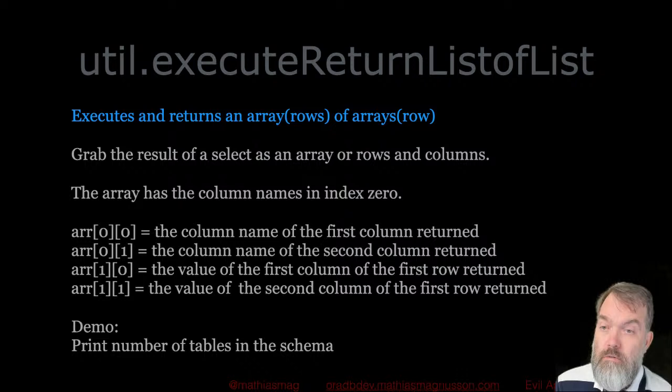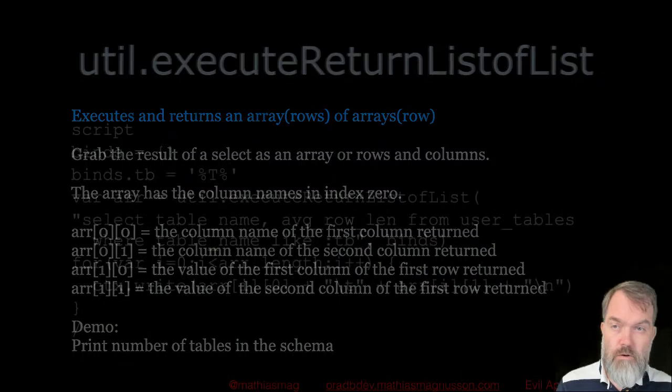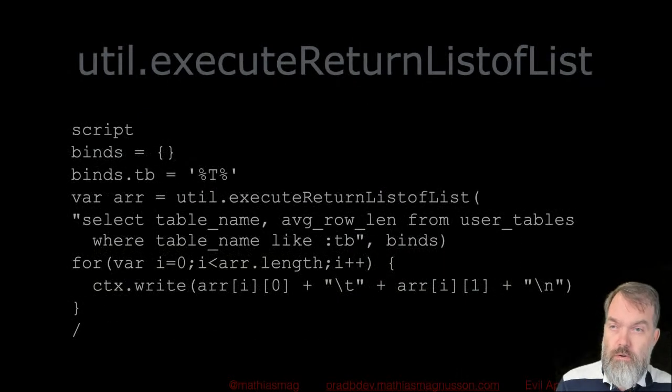So if we look at a little demo of how this works, here we expand a little bit on the bind concept, in that I declare a variable to be used in the bind array.